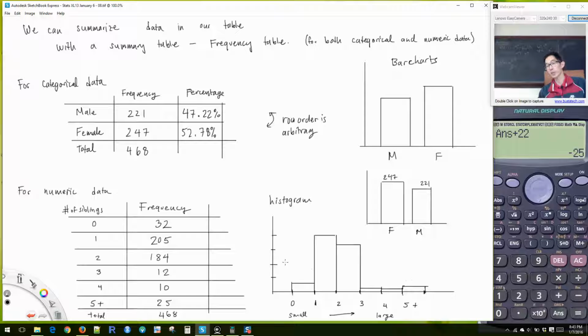It makes sense to have the histogram set up this way, especially when the underlying variable is continuous. But as far as discrete values go, we still follow it. We put the number on the left edge here, and go forward like that.